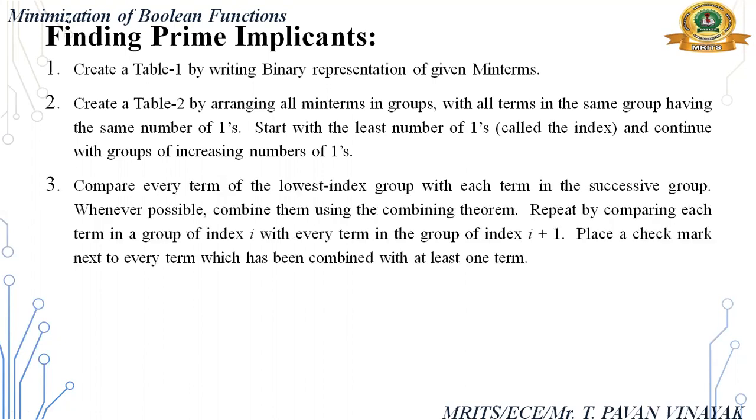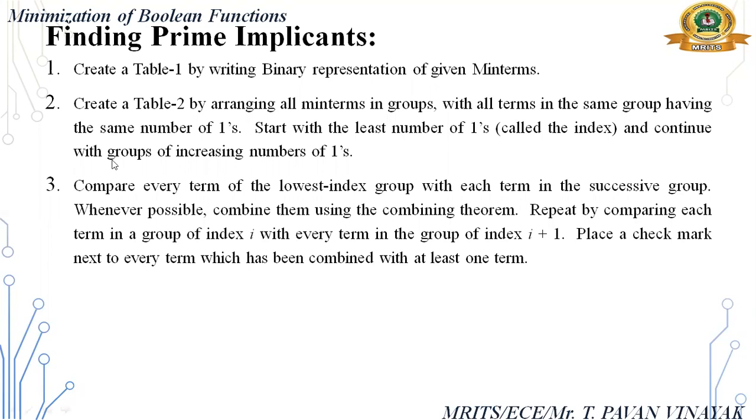Next, compare. After creating table 2, compare index 0 values with index 1. Check if there is only one variable difference, then combine them. Otherwise, don't combine. If you combined, please give a tick mark.